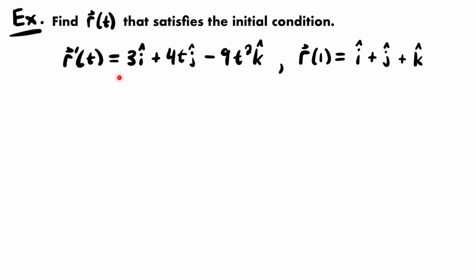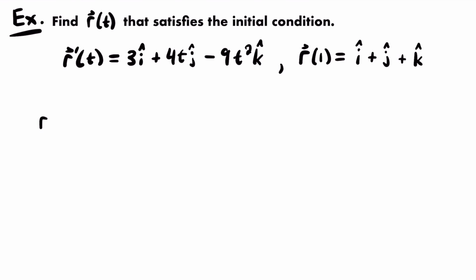We will integrate the vector function as normal. Remember to include that vector constant of integration, and then we will use the initial condition to solve for that vector constant of integration. All right, and that will give us the particular solution to our indefinite integral for the given initial condition. All right, so let's work on this here.